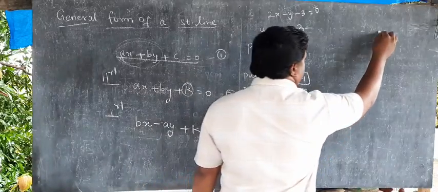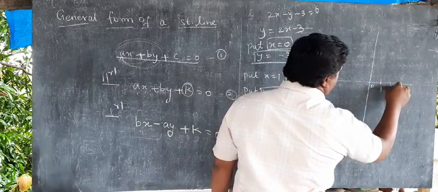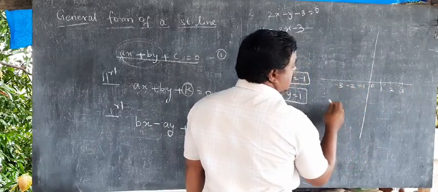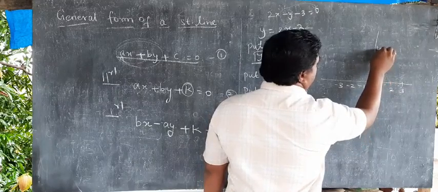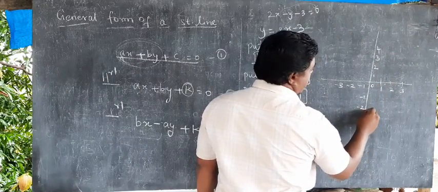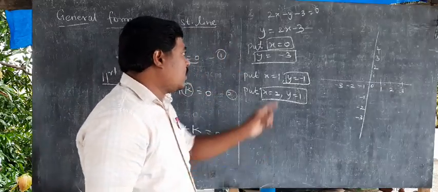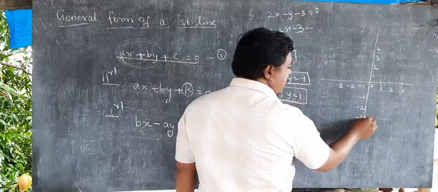To draw the graph, mark the axes: 0, 1, 2, 3, minus 1, minus 2, minus 3 on each axis. For 0 comma minus 3, x equal to 0, minus 3 will be here.